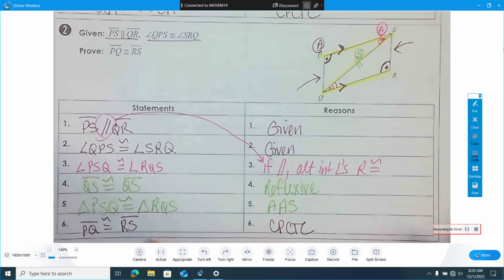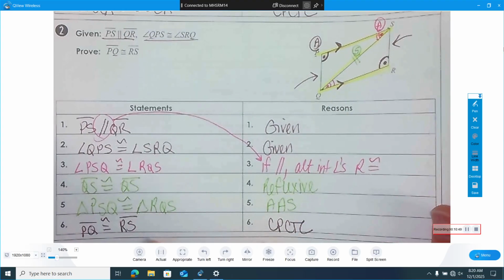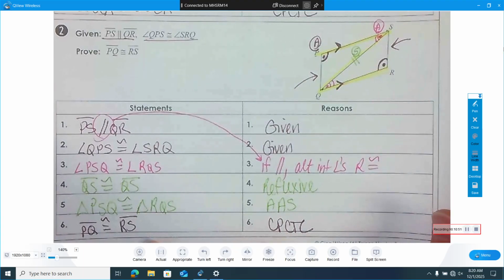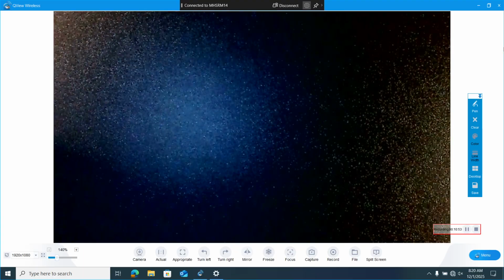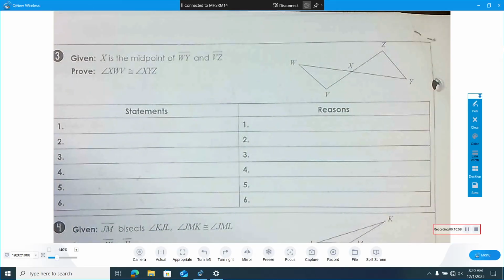CPCTC. Congruent parts of congruent triangles are congruent. All right, questions so far? Good, all right. Cool. Oh, look, it's the last page, you guys. Wow. Crazy.